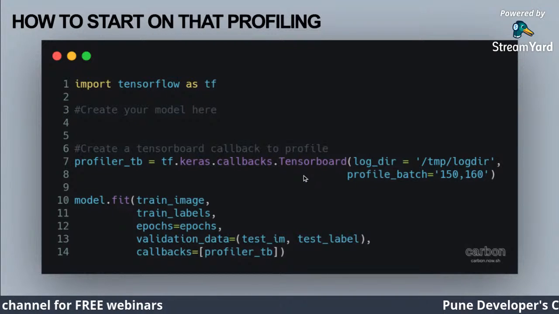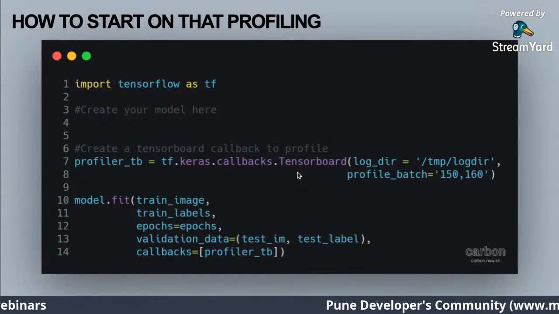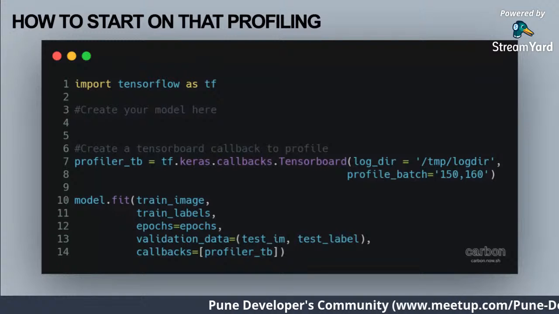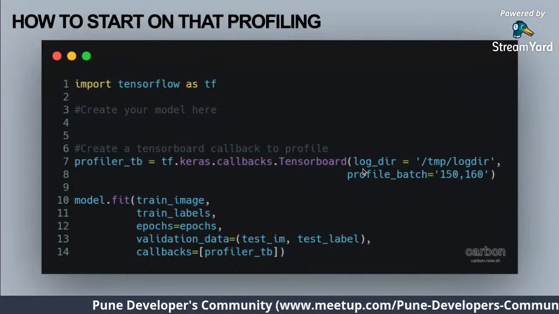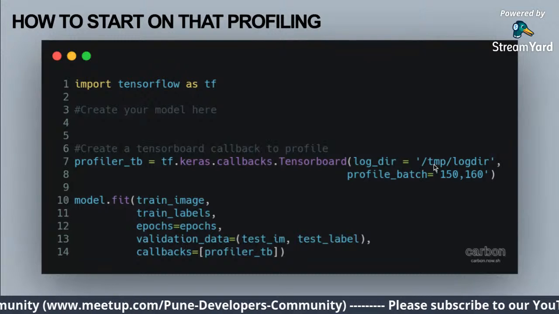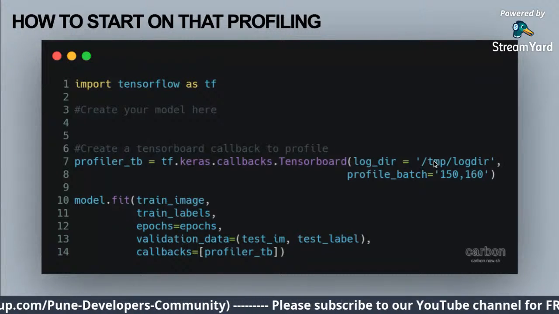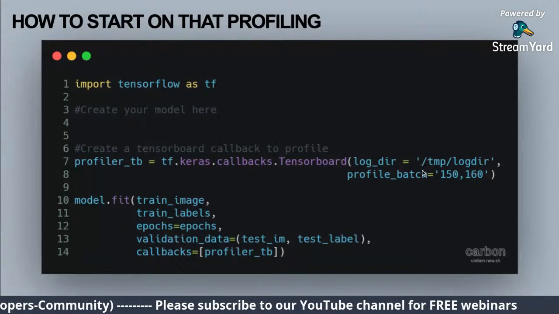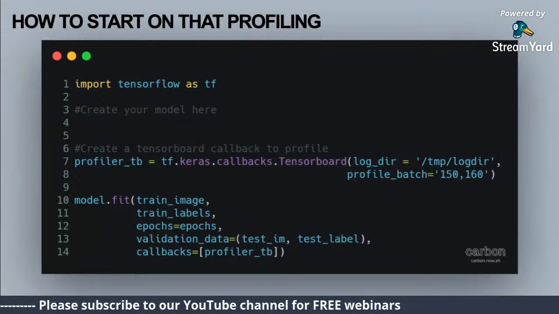So here you're going to define a TensorBoard Keras callback, wherein there are two things that you're going to specifically mention. One is logdir, wherein you're going to store all the logs that TensorBoard will in turn import, so we can see what metrics are there.